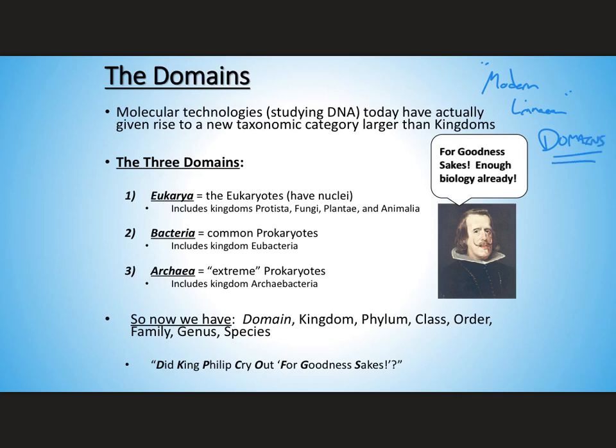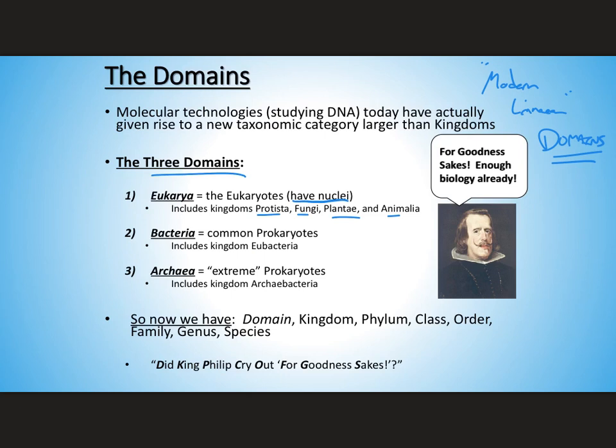And there are 3 domains. We've got the eukarya, or eukaryotes. Again, just to remind you from first semester, these are organisms with nuclei in their cells. And the eukarya would include 4 of our kingdoms: the protists, the fungi, the plants, and the animals.